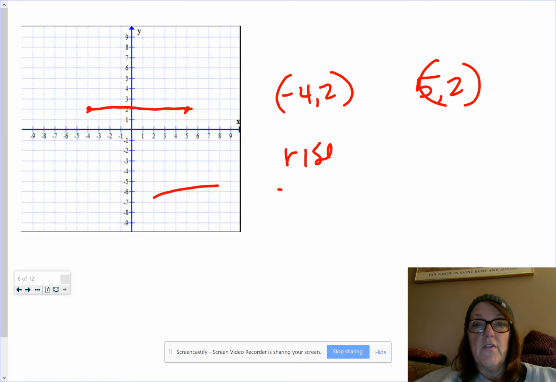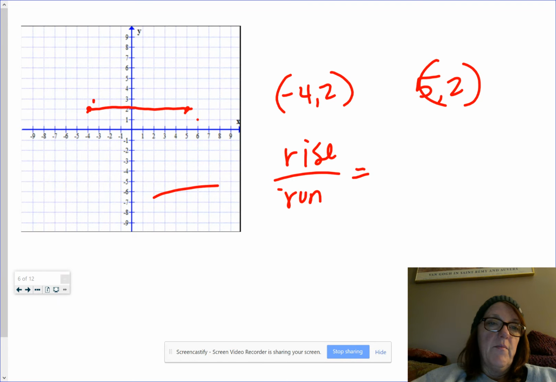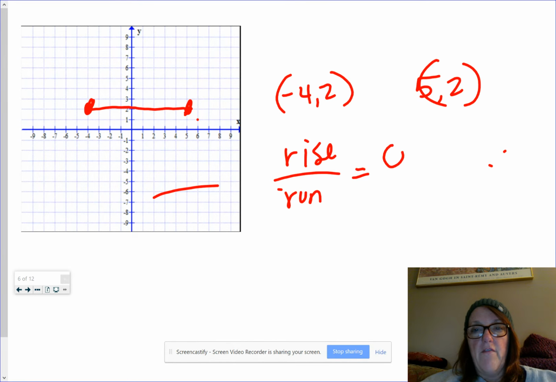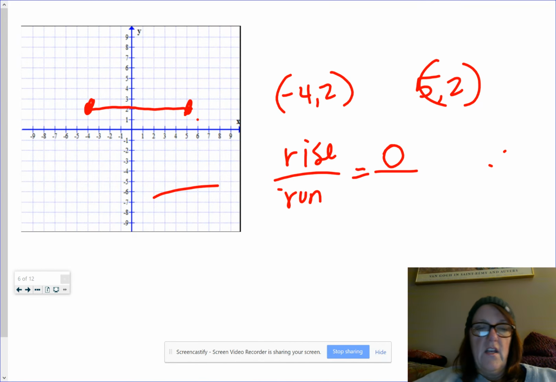What's my vertical change over my horizontal change? Well, to get from here to here, I'm not changing vertically. I don't have any movement in the vertical axis. How about horizontally? Oh yeah. 1, 2, 3, 4, 5, 6, 7, 8, 9.